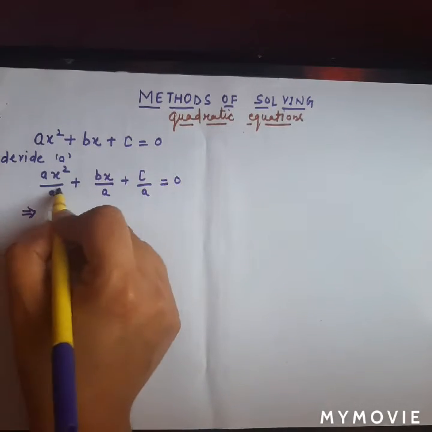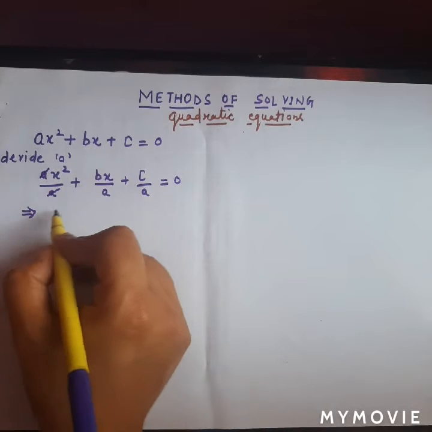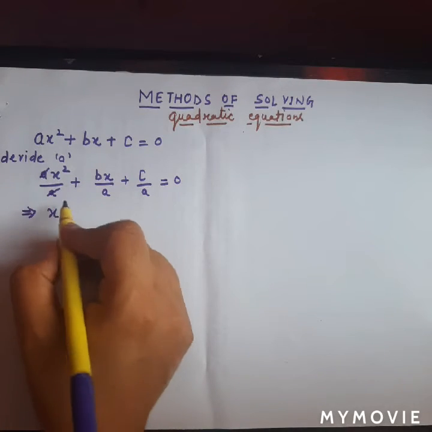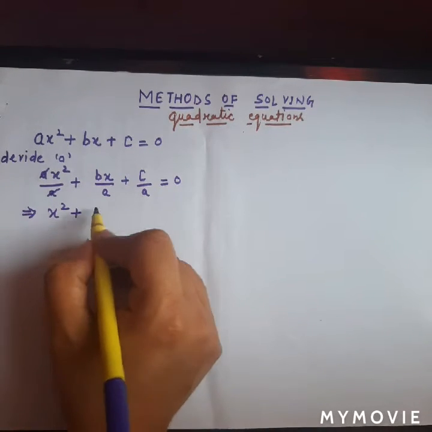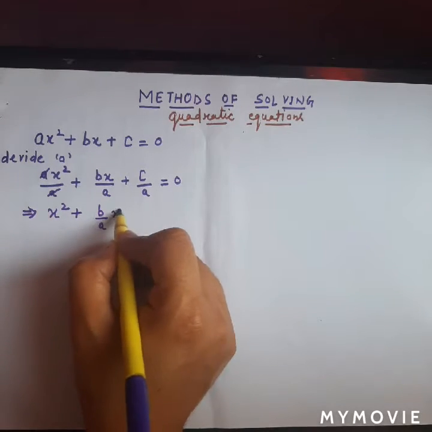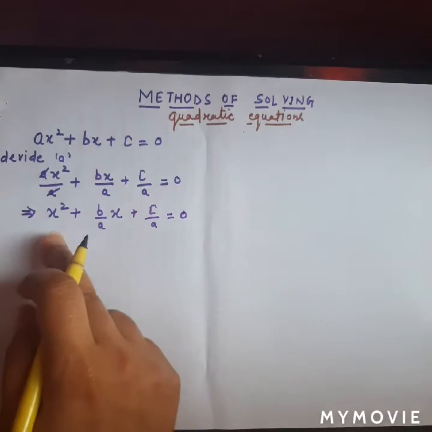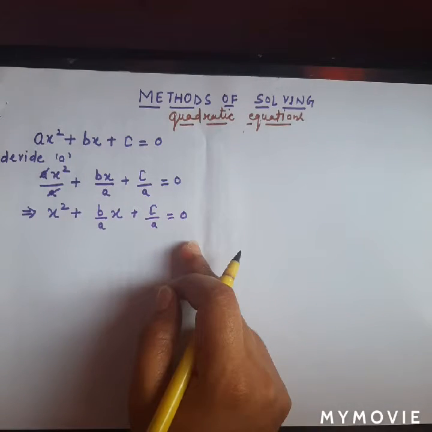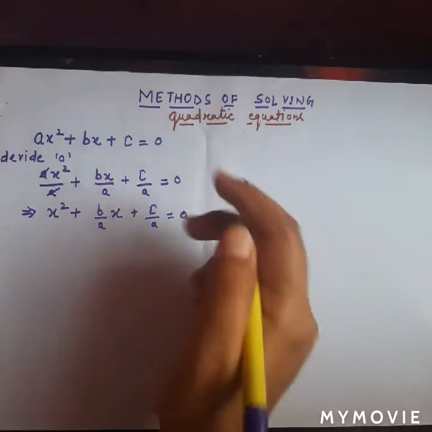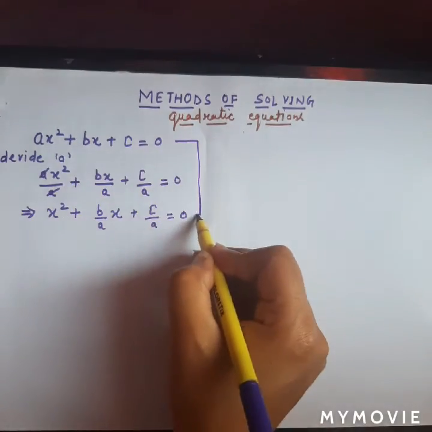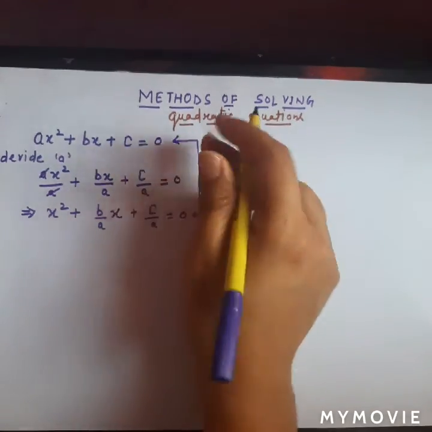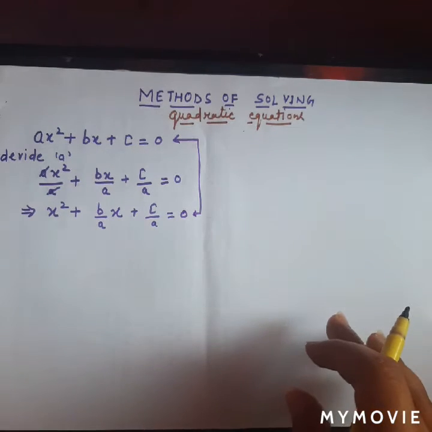And then a will be cancelled out. We will be left with x square plus b upon a x plus c upon a is equal to 0. This is also a general form of quadratic equation. It is just a version of the first quadratic equation. Both are equal, fine.